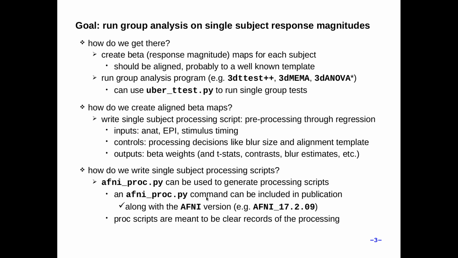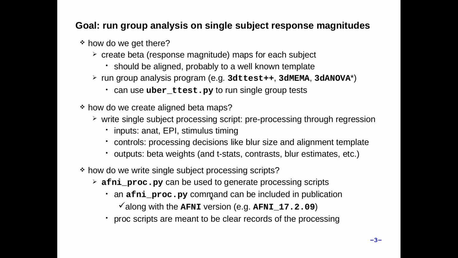And then if that's the route you go, you might consider including the afni_proc.py command itself, maybe in the supplementary section of your publication along with the AFNI version, and those two pieces of information will make it very clear exactly what processing was done to get your input data sets into the output format.